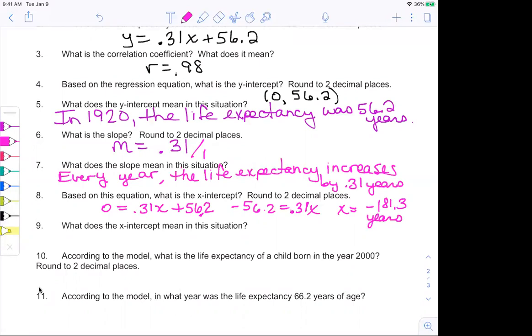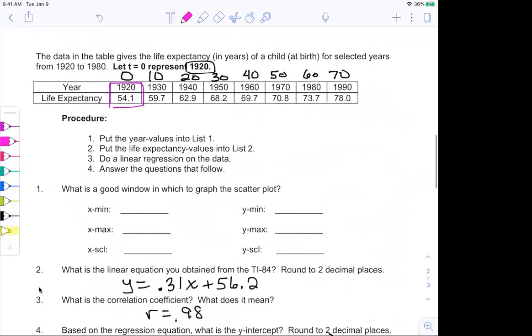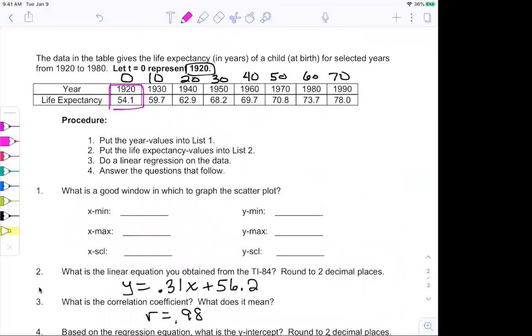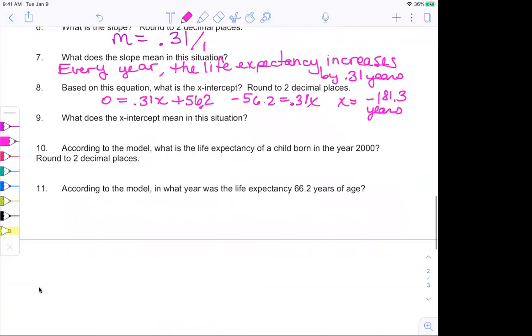So we want to start the x-intercept the same way we did with the y-intercept. So if I started in 1920 and we go backwards in time 181 years, then we should have a new year to deal with. So does anybody know what year we're talking about if we're going backwards in time?